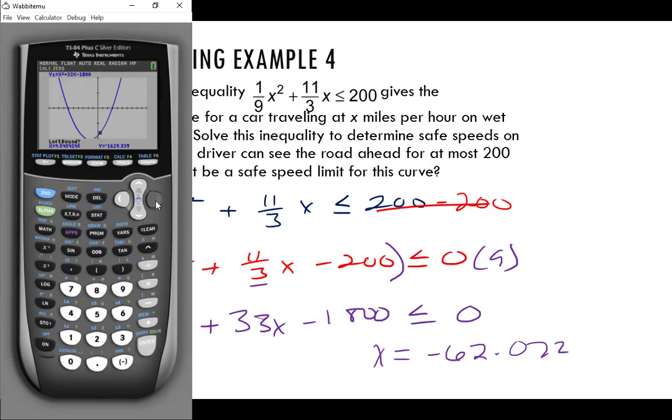All right, I'm below the x-axis, and I'm going to go above the x-axis because we read our graphs from left to right. Hit enter. It's like, here's your 0. Our next 0 is at x equals 29.022.